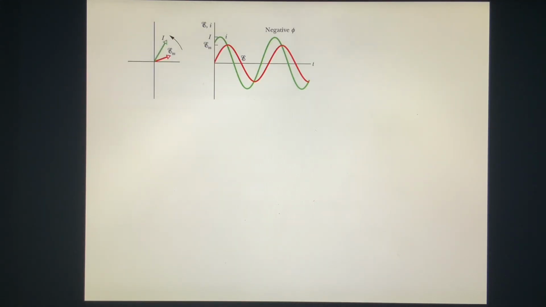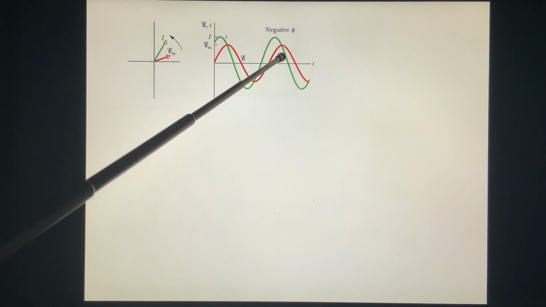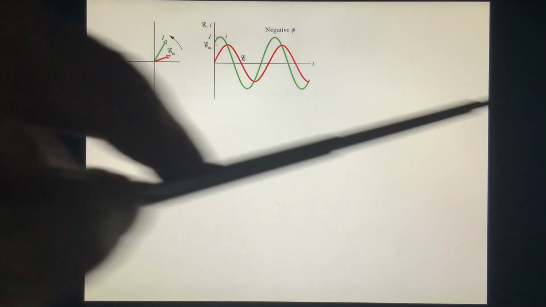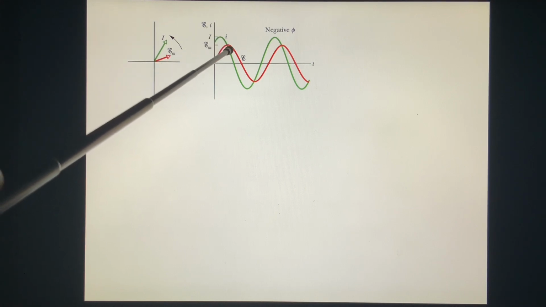Let's look at this picture. In this circuit I is leading E, so this is capacitive. Okay, how do we look at this one? We suppose these two waves go in the direction from right to left. In this case, you see this one. The I will reach this first, E will reach this second.